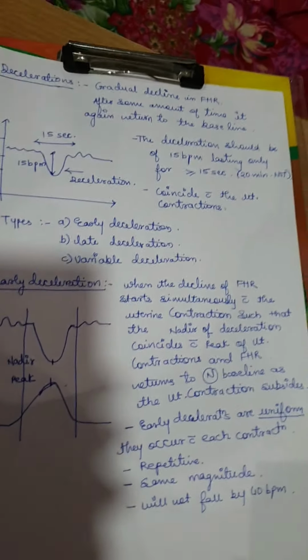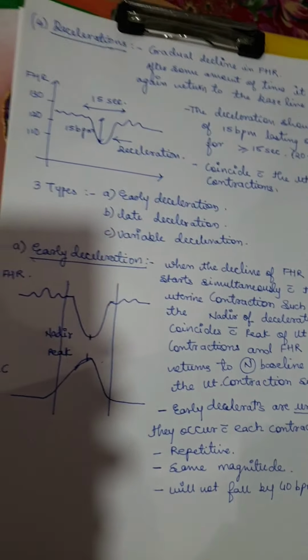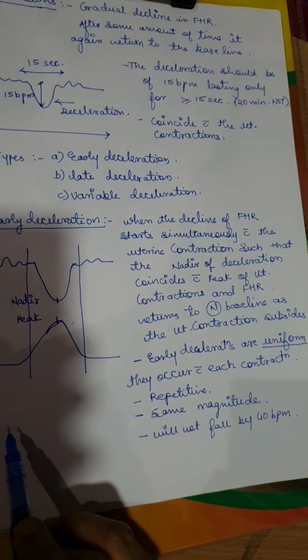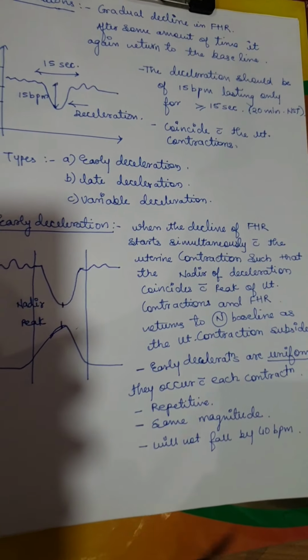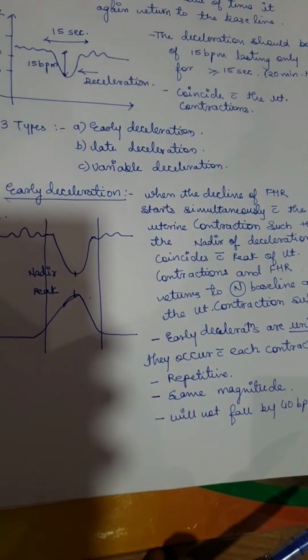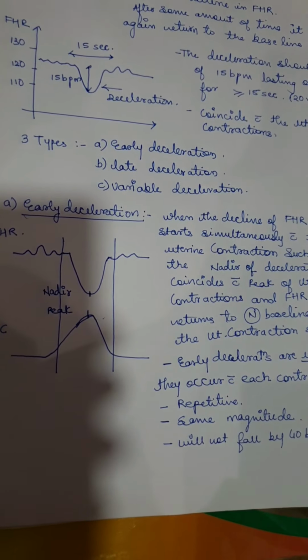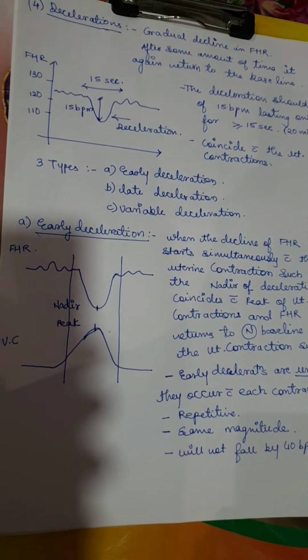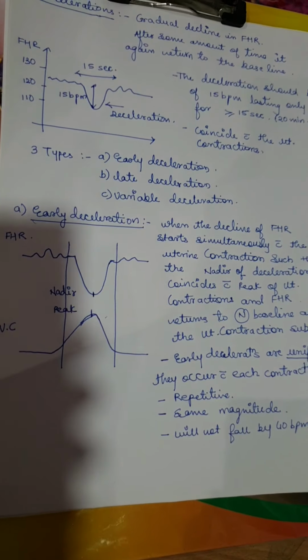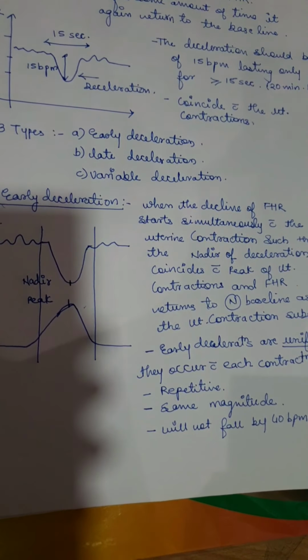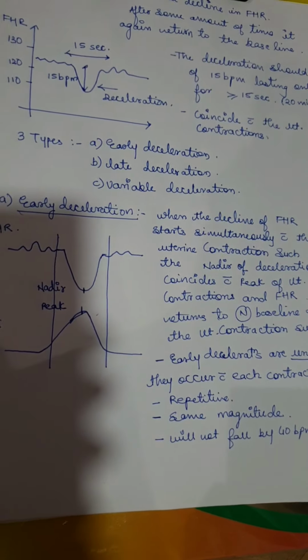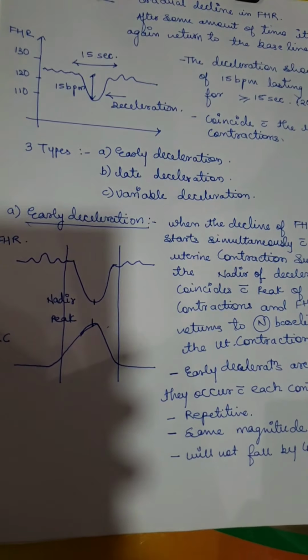Now the next question comes: when are these early decelerations found in the cardiotocograph? See, as there is descent of the head of the fetus into the pelvic cavity, there is compression of the head. We all know that. Now what happens during the uterine contractions? With each uterine contraction, the fetal head is pushed down into the pelvic cavity.